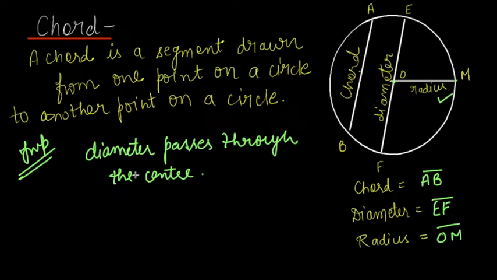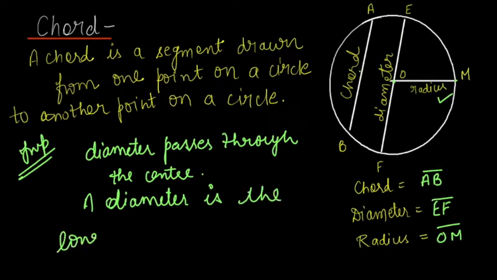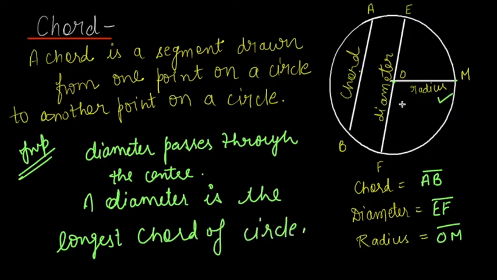So it means I can say that a diameter is the longest chord of the circle. So basically a chord cannot be a diameter, but a diameter is a chord.